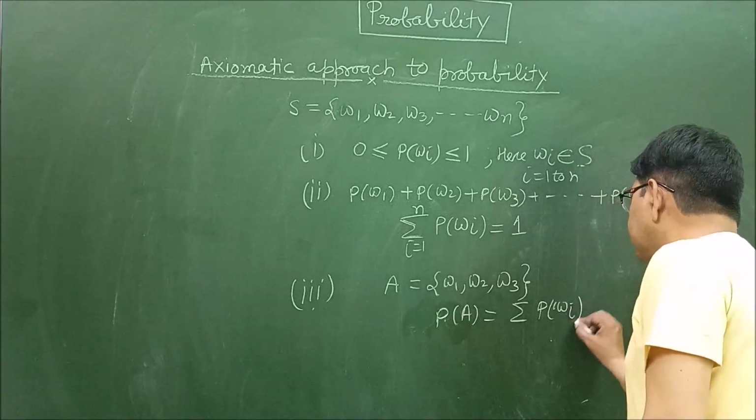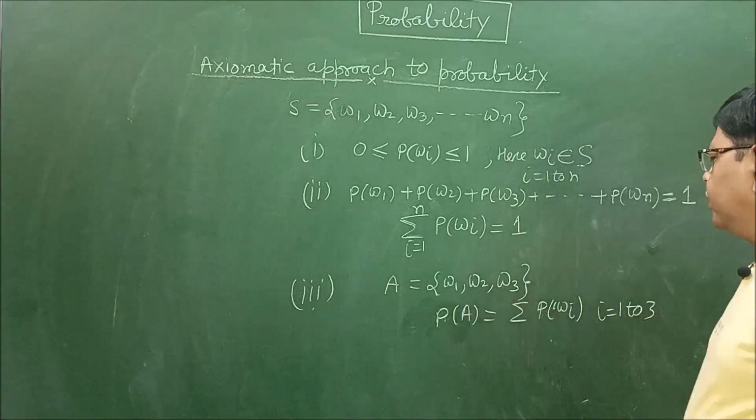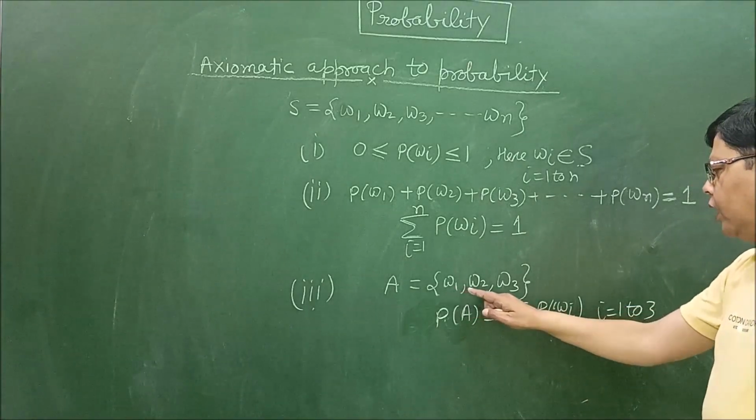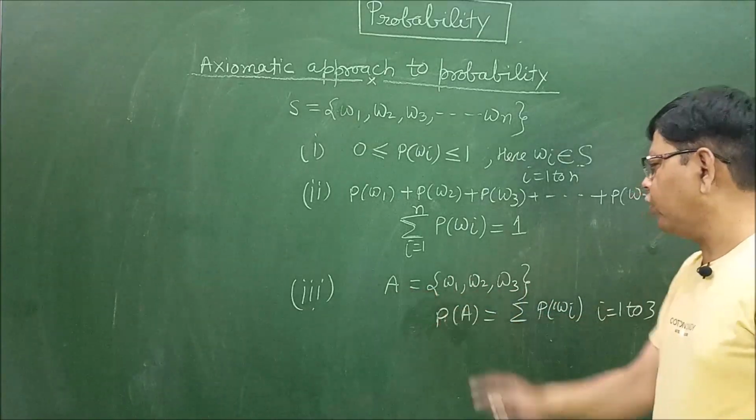In this case i varies from 1 to 3, which means the sum of the probabilities of all the elementary events in this compound event A.